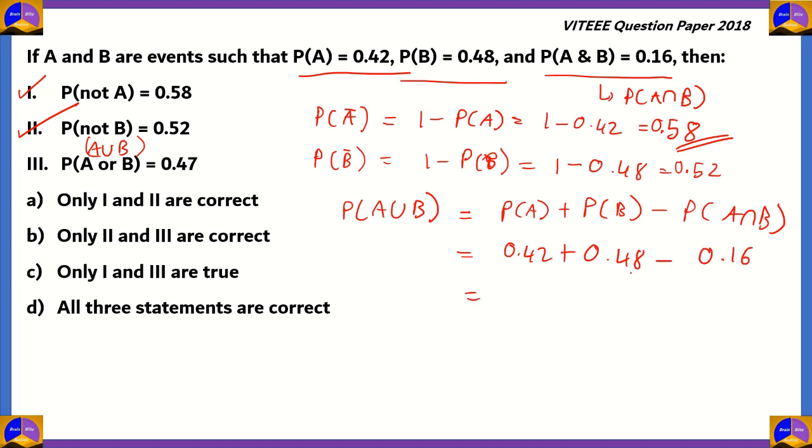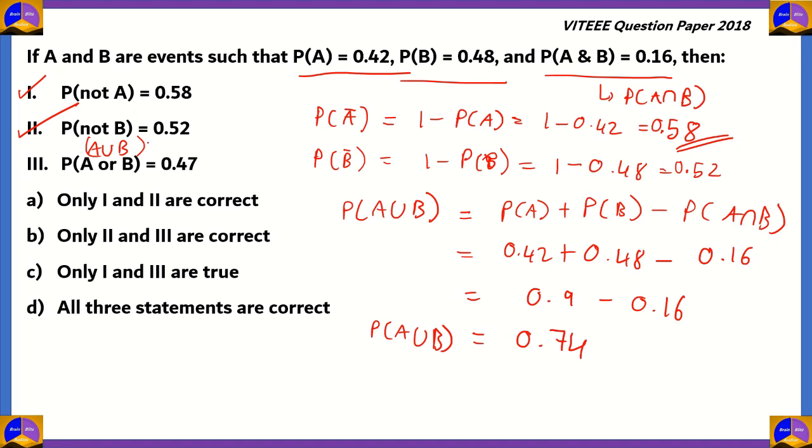So 0.42 plus 0.48 gives you 0.9. 42 plus 48, simple addition, that gives you 90. And 0.9 minus 0.16, that's 90 minus 16. 90 minus 10 is 80. 80 minus 6 is 74. So therefore 0.74 is the value of P of A union B.